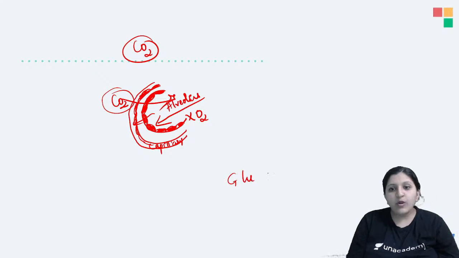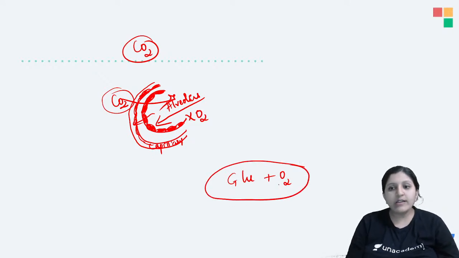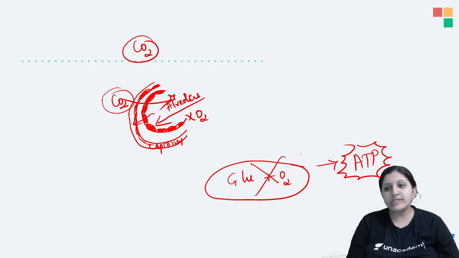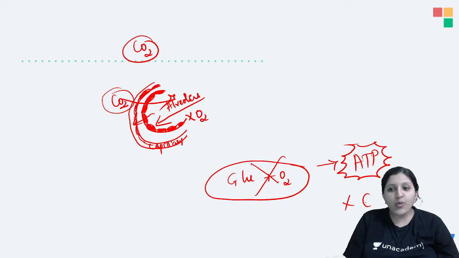That means glucose cannot combine with oxygen, so glucose oxidation is not occurring. If there is no glucose oxidation, then there is no ATP production. So ATP is not synthesized.